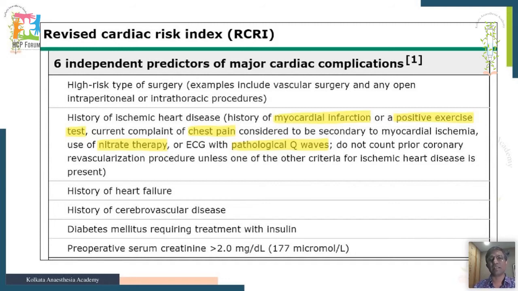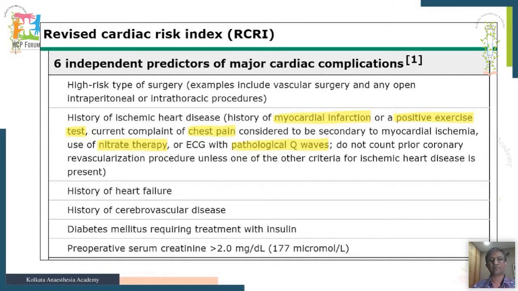And just a revascularization in the past without these symptoms does not categorize them with history of ischemic heart disease. They had ischemic heart disease, which has been taken care of. So that is something that you need to keep in mind.